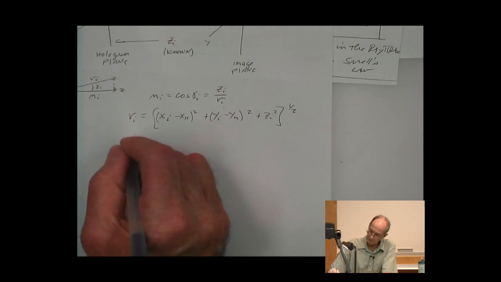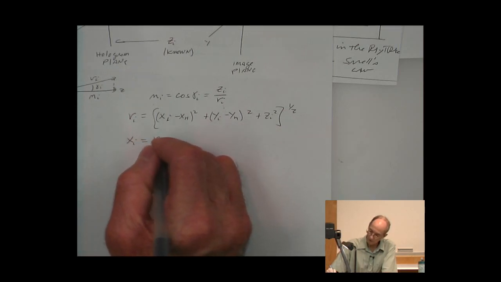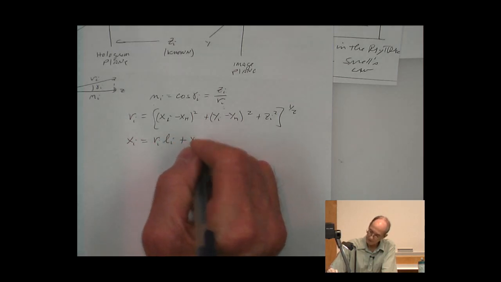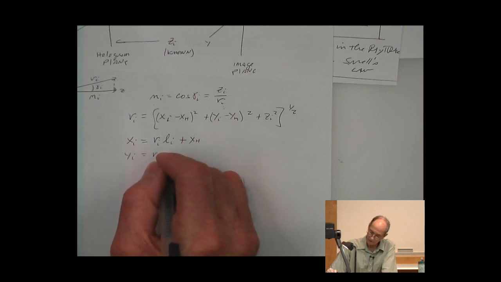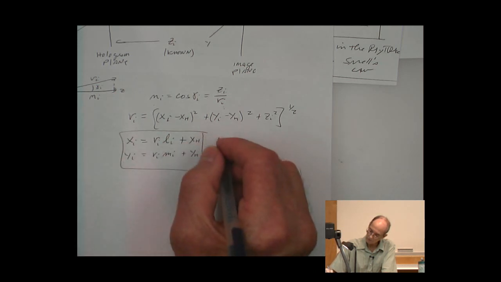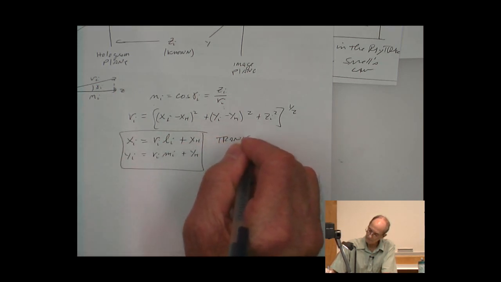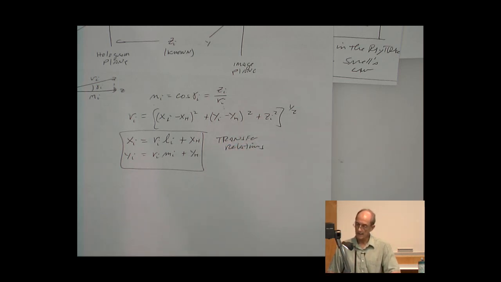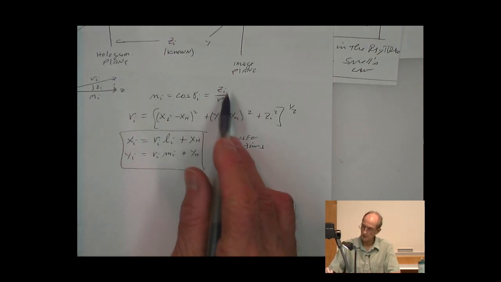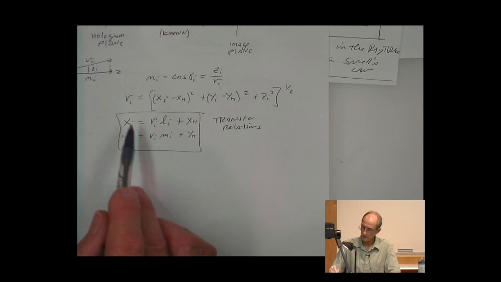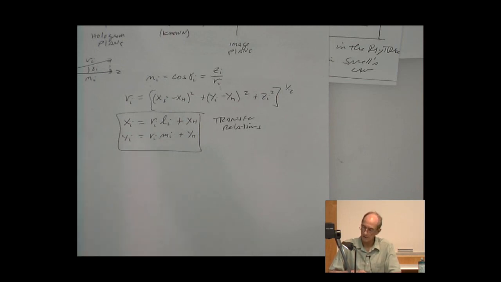And xi is equal to ri times li plus xh, and yi is equal to ri times mi plus yh. So these are the transfer relations, all right? So we have the value for Ni, we have the value for Zi, we can get Ri, and then that gives us the values for Xi and Yi, okay?